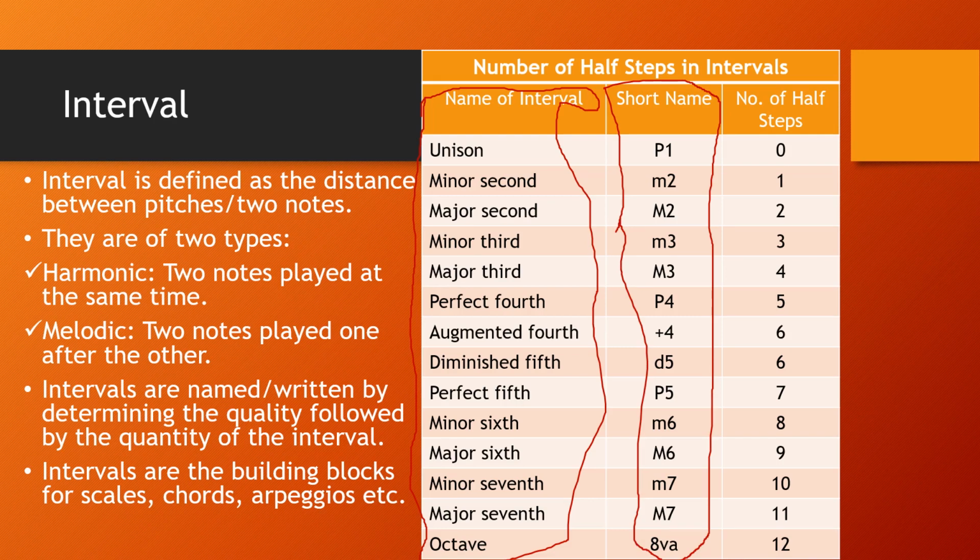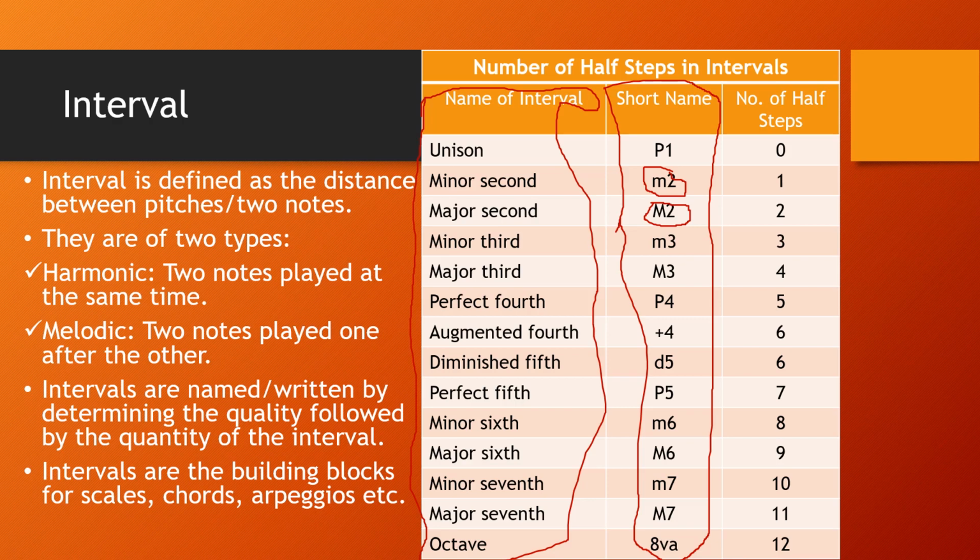Now, the difference is for every minor, it starts with a small letter, and for every major, it starts with a capital letter. So you have the minor second, m2, minor, small letter, major second, M2. So it applies to all.